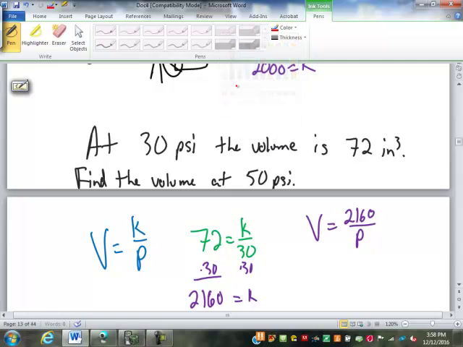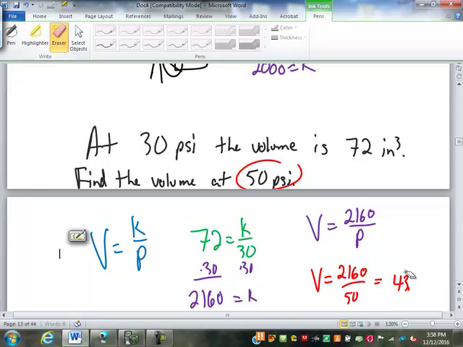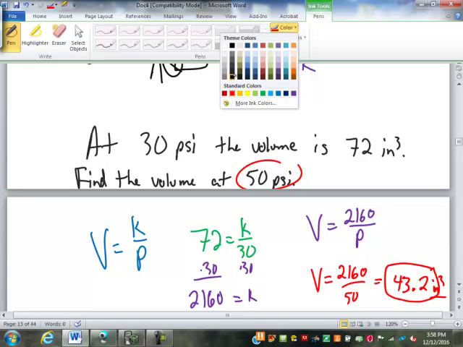So we put in that pressure of 50 psi, which is going to give us 43.2 cubic inches. It's going to be the volume. There's a lot of stuff that variation applies to.